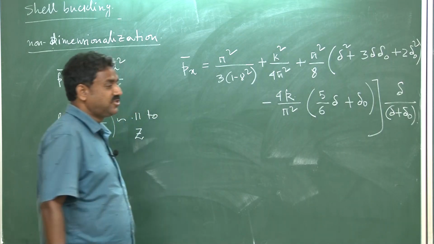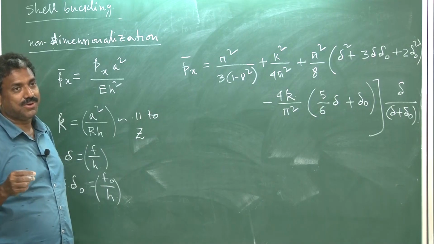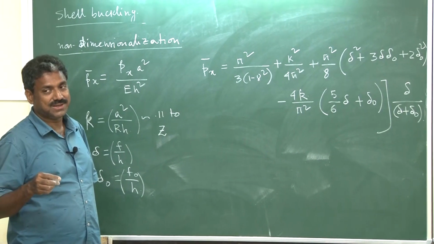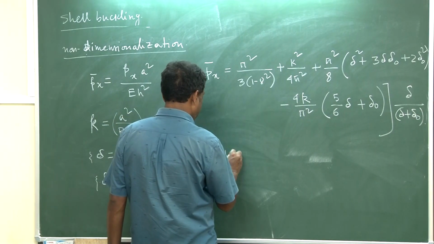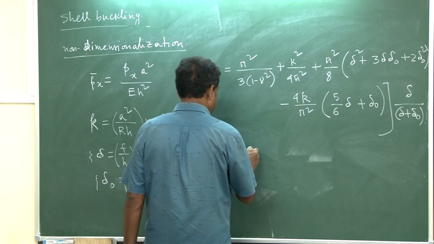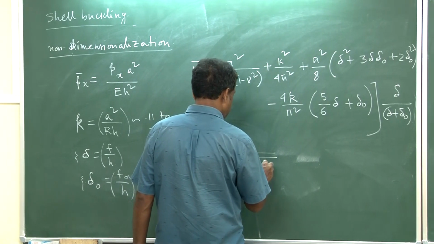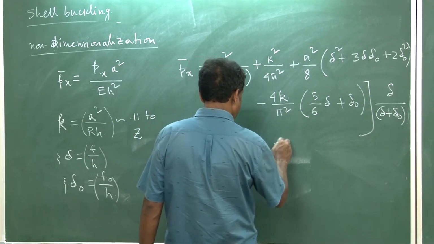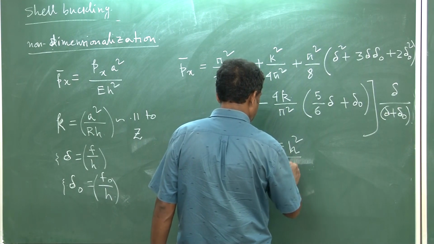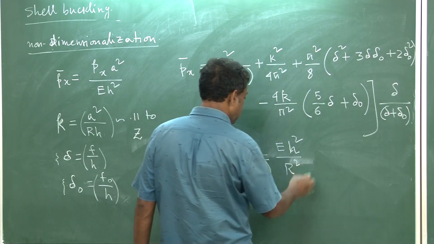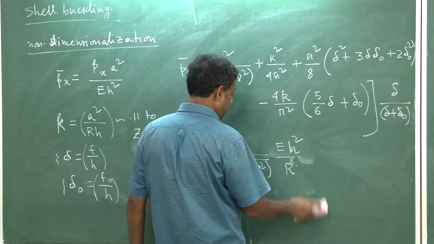Now you can clearly see that when we consider the critical load, if you can recall for the cylindrical shell, what it was for the axial force, nx was 1 divided by root 3 into 1 minus nu square, E h square by r square, something like that, right, isn't it?